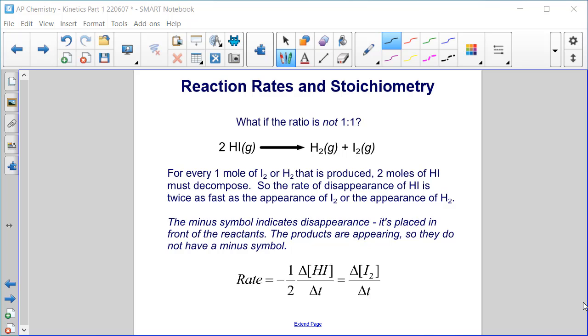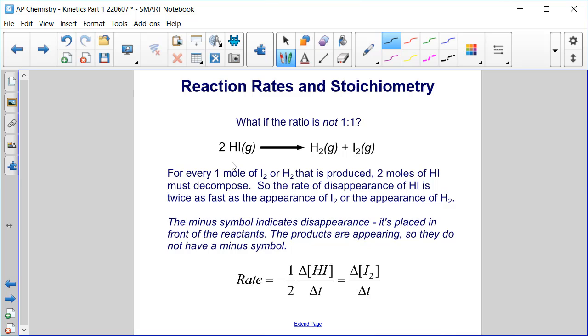What if the ratio is not 1:1? So let's take a look at this next reaction where we have 2HI gas decomposes into H2 gas and iodine I2 gas. For every 1 mole of H2 or I2 that is produced, 2 moles of HI must be consumed or must decompose.